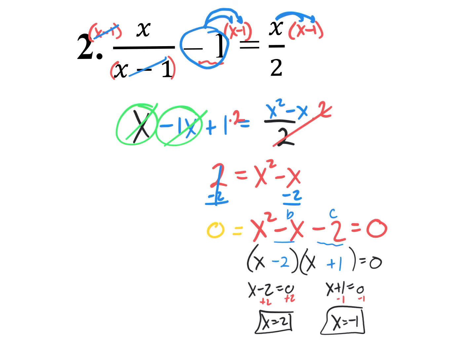You could plug in a negative 1 right there, and over here, do all that math, and it should give you a true statement. You could also plug in a 2 right there, and up here, do all that math, and it should give you a true statement. That's if you have a lot of time left over, or if you're bored on a Saturday night. But right now, if you feel confident with the math that you did, these are your two answers. Just make sure that you don't end up with 0 in the denominator.